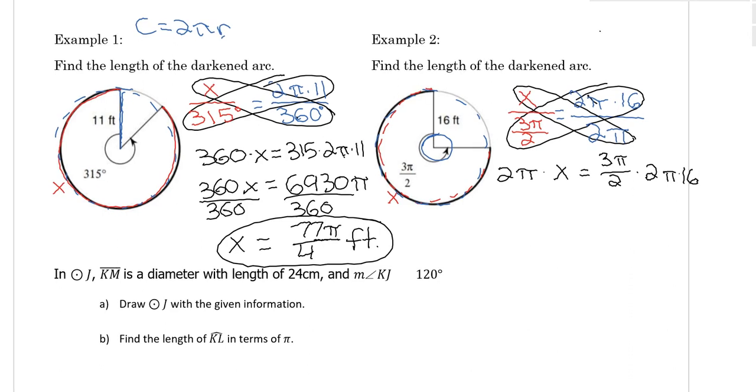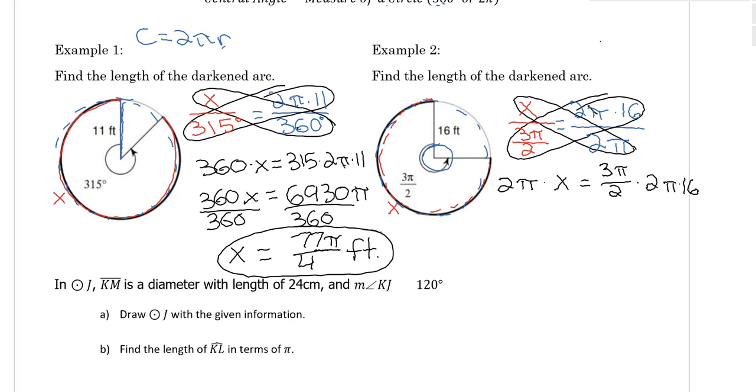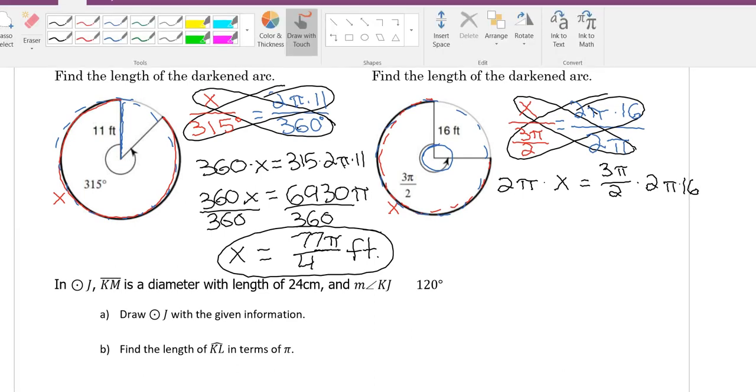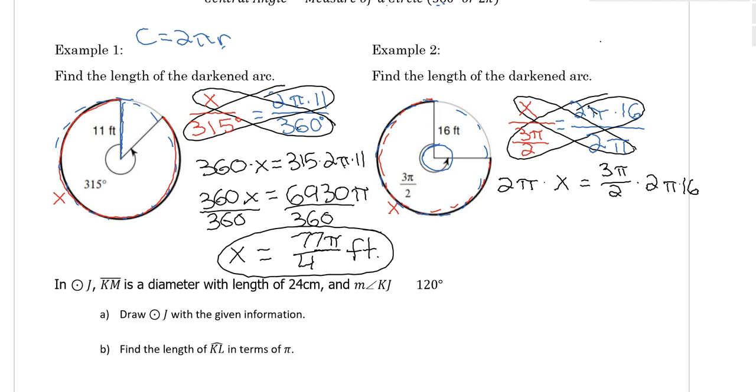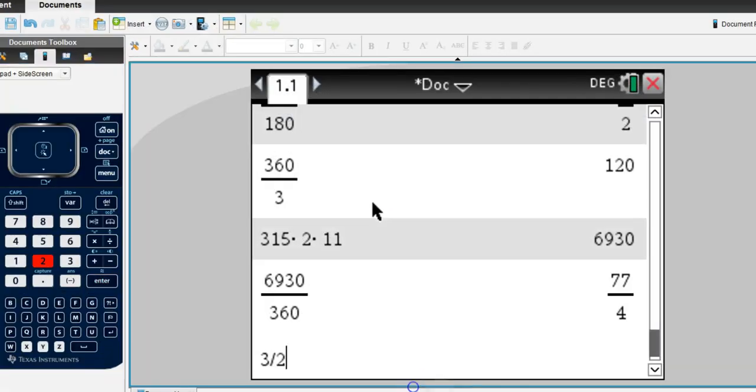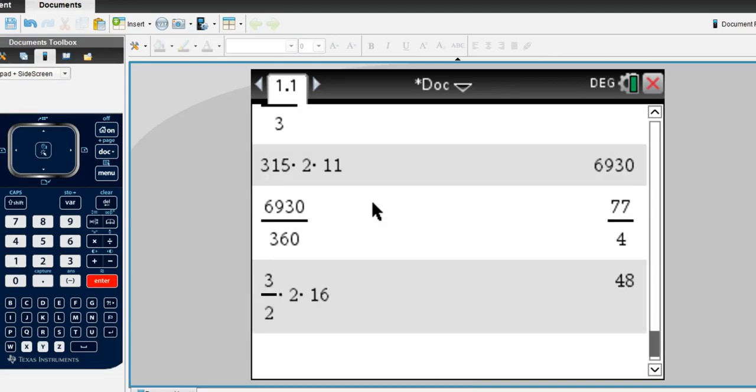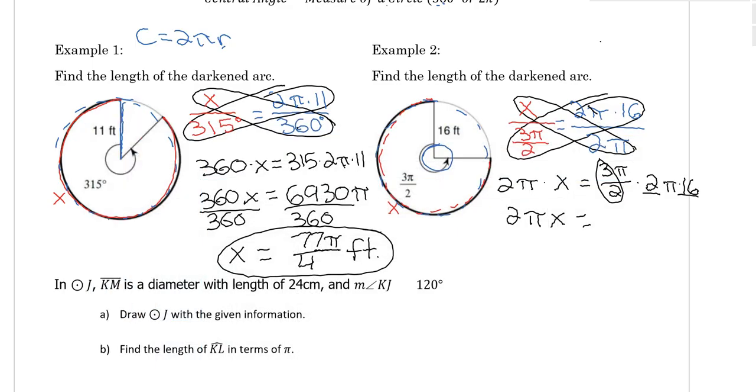So I have 2 pi x equals. I'm going to ignore my pi's for right now and multiply everything else. So I have 3 halves times 2 times 16, and that gives me 48.